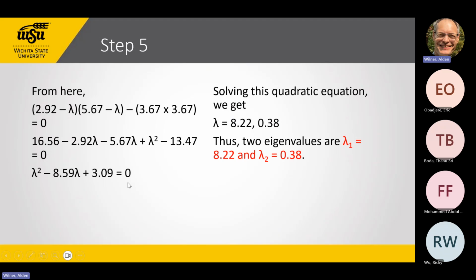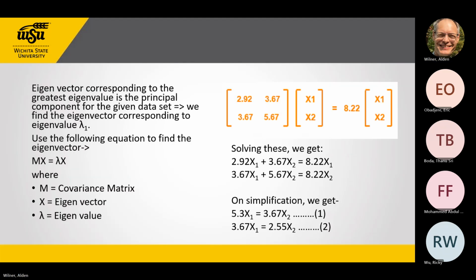We get two possible values for lambda, 8.22 and 0.38. And the eigenvalues for our vectors are therefore lambda 1 is 8.22 and lambda 2 is 0.38. The eigenvector with the biggest eigenvalue is the one we choose as our principal component, right?